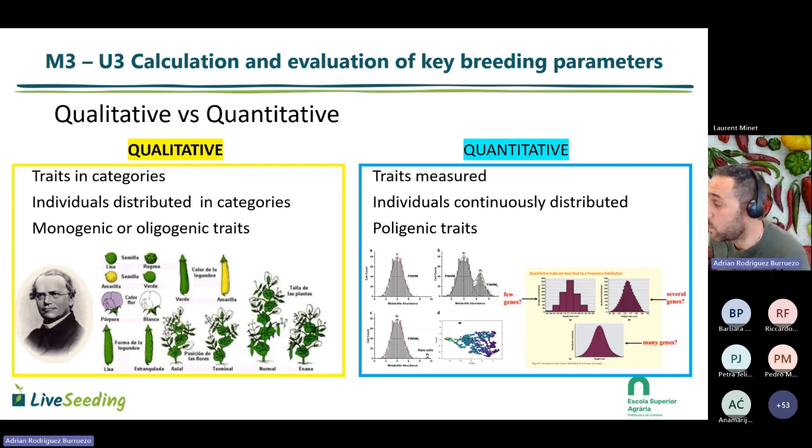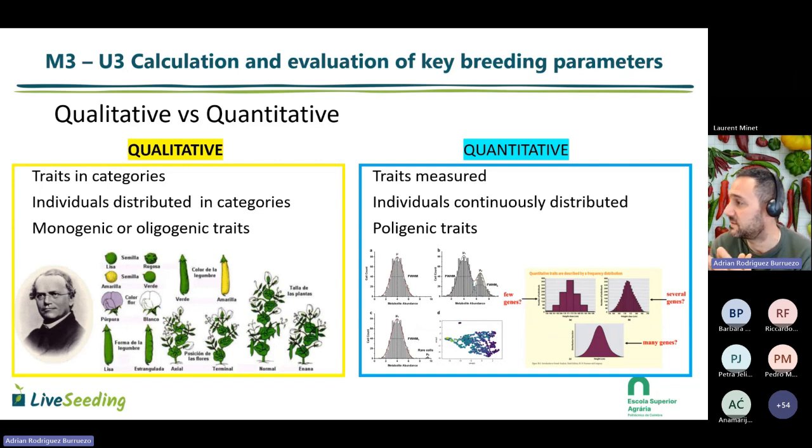On the contrary, we have the quantitative traits. For you to identify clearly which ones these are: they are the traits which are measured. In contrast to the qualitative traits, where individuals can be clearly classified in categories, you are red, you are yellow, you are pale yellow, or you are red, you are pink, you are black, you are white, and there are no other possibilities, clear categories.